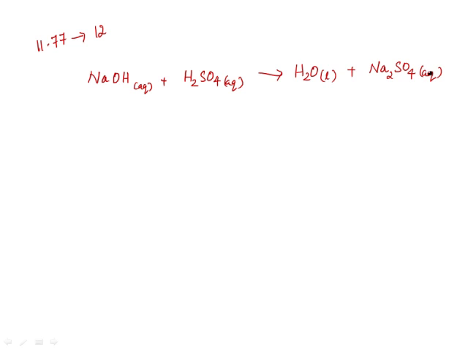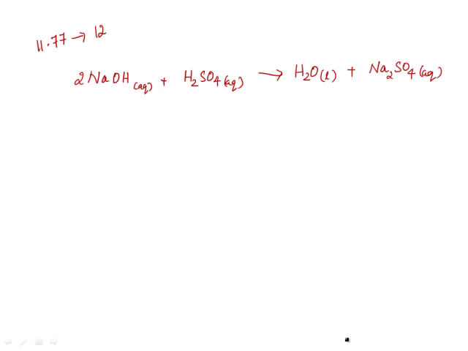Now we need to balance the equation. I see 2 Nas on the right side, only 1 on the left side, so put a 2 in front of NaOH. How about the other things? SO4, SO4.